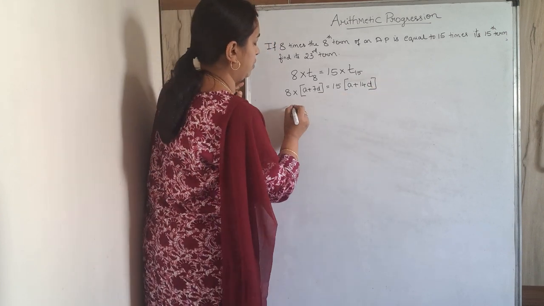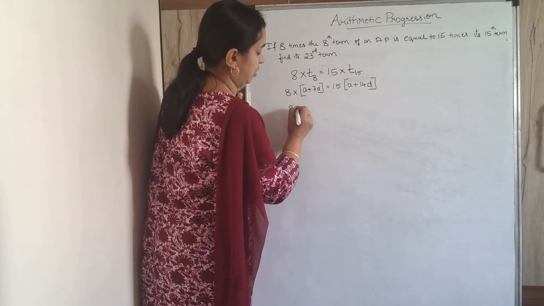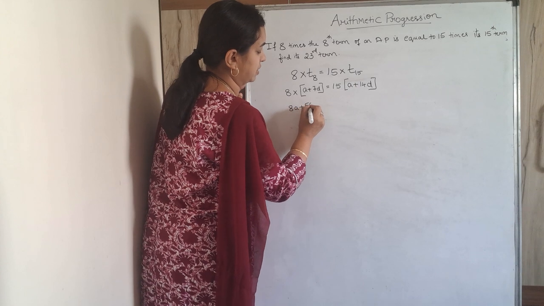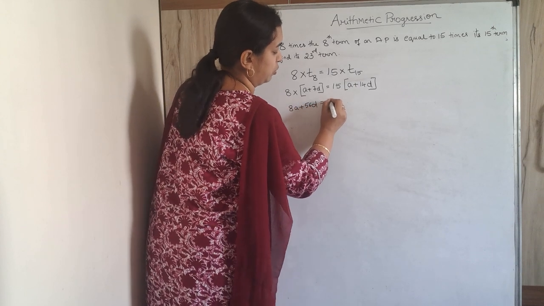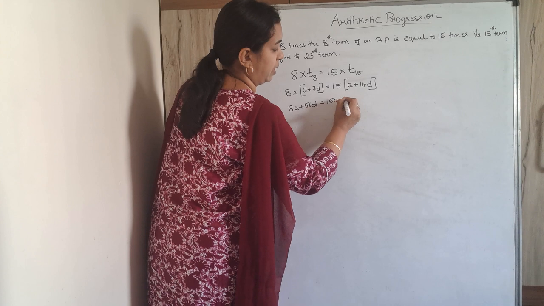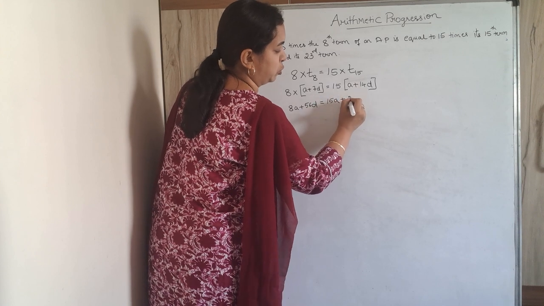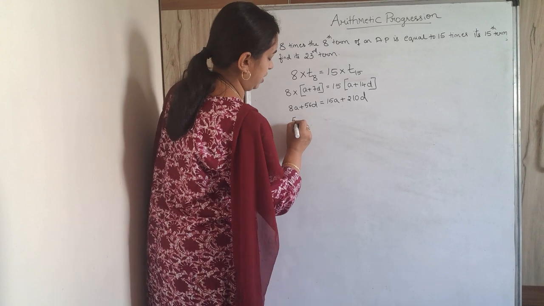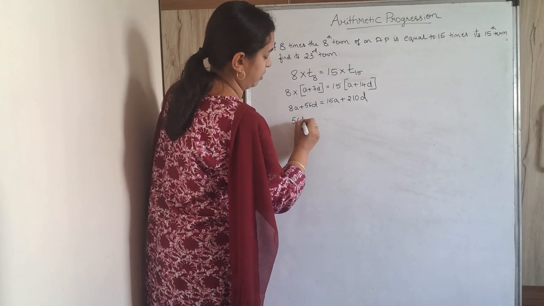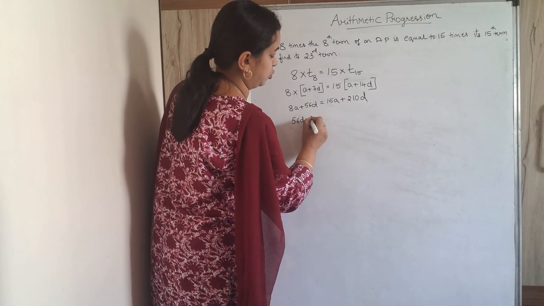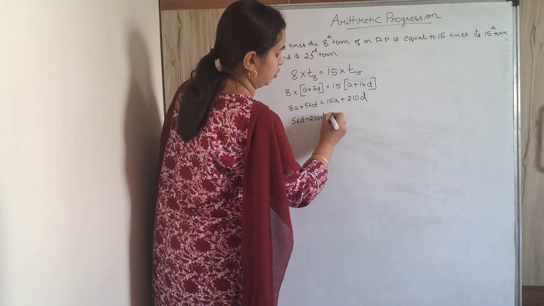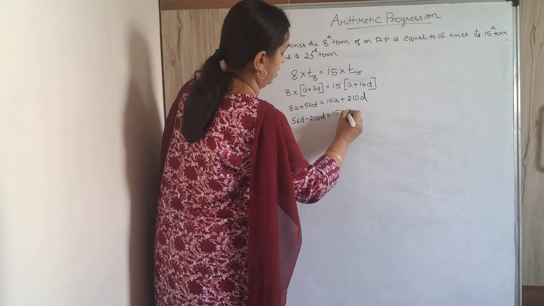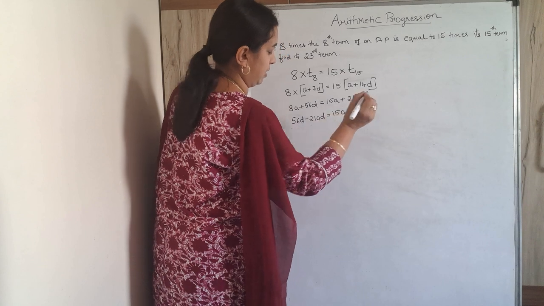Multiply this: 8a + 56d = 15a + 15 times 14, which is 210d. Transfer the d terms to one side, that is 56d − 210d = 15a − 8a.